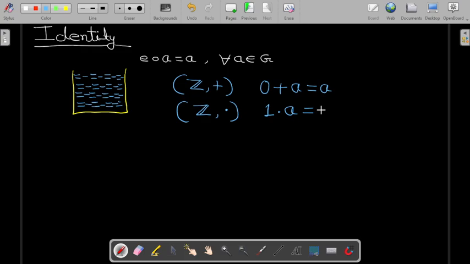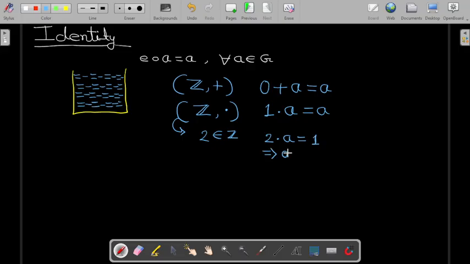Why wouldn't this form a group? Because you can't find the inverse of every element. Choose an element, let's say 2 belongs to the integer set Z, and you want to find the inverse of 2. The inverse of 2 is such an element A that multiplying A with 2 would return the identity element of that set or group. What is the identity element here? The identity element is 1. So what will you get?